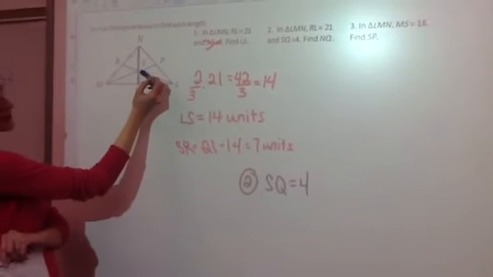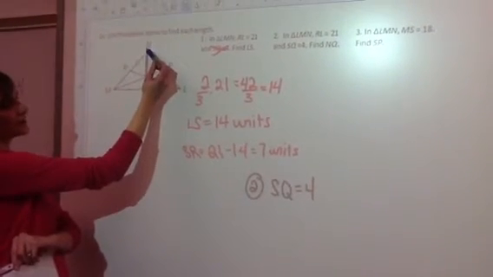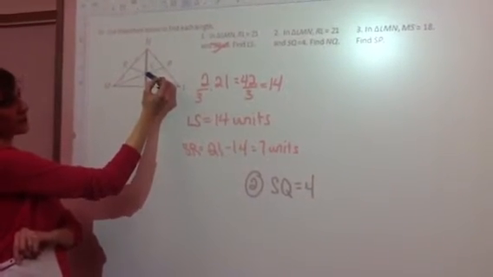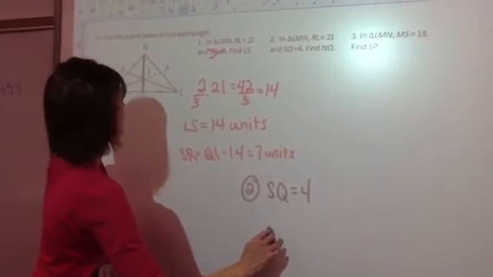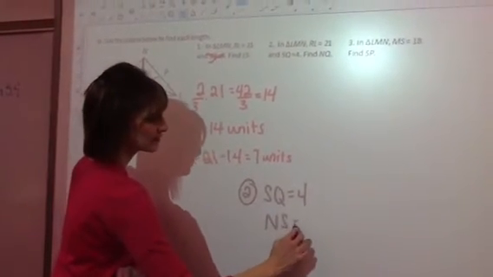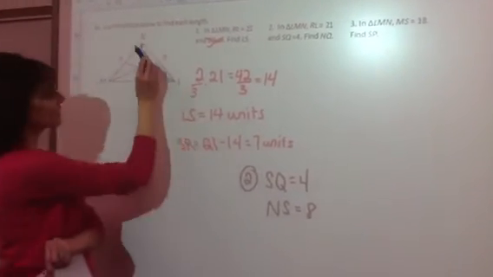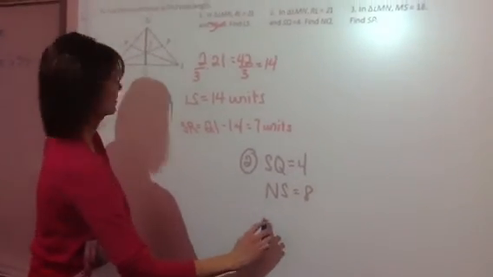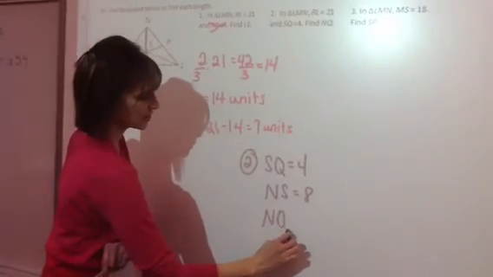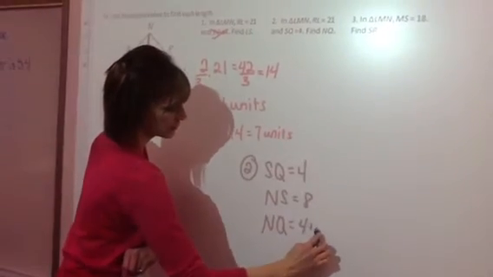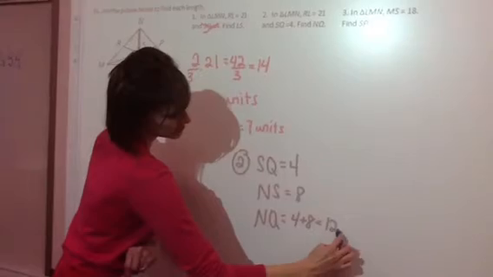So if you know that the short length is 4, to find the length from the vertex to the centroid, you just double it. So that would be the length from N to S. Double 4, you get 8 units. So the entire length of the median, which is NQ, is going to be 4 plus 8, which is 12 units.